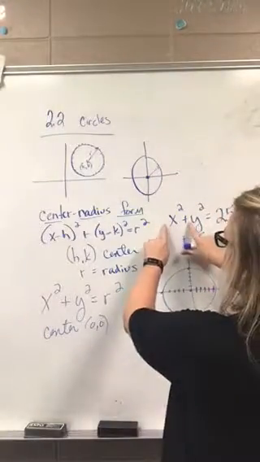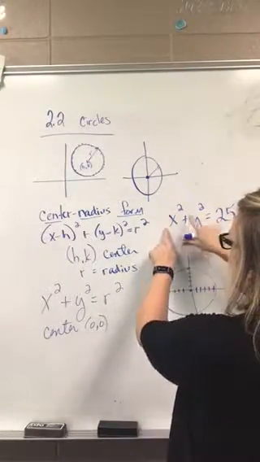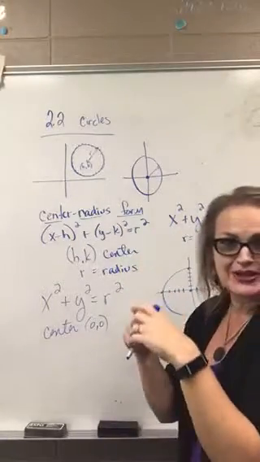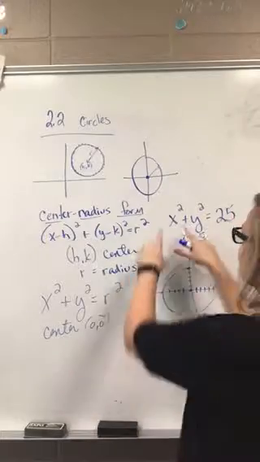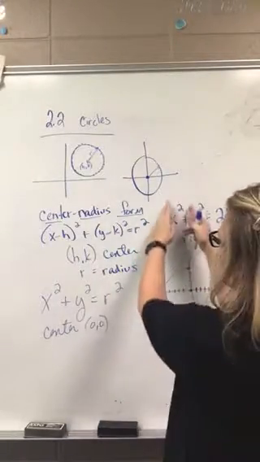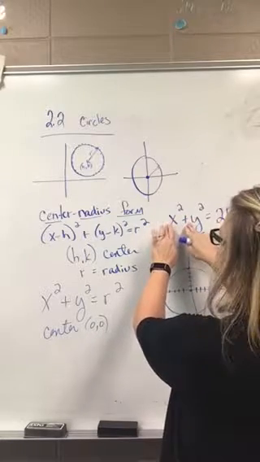So if this were a 1 and this were a 2, if you had different coefficients, it actually makes it lopsided. It's not going to be a perfect circle. So you need equal coefficients, which you will have in this section. These are just 1, so definitely equal coefficients.